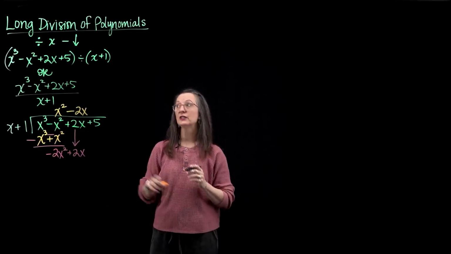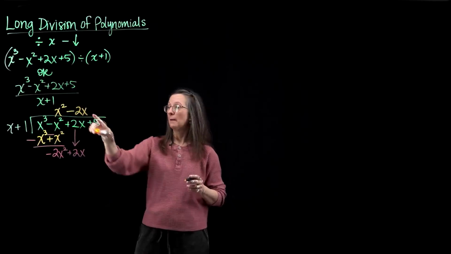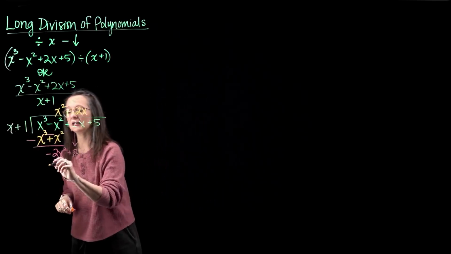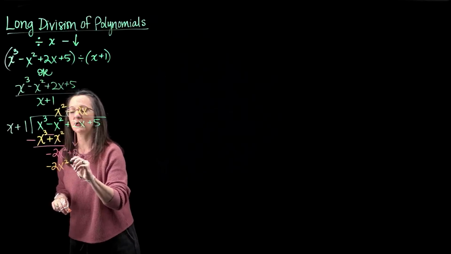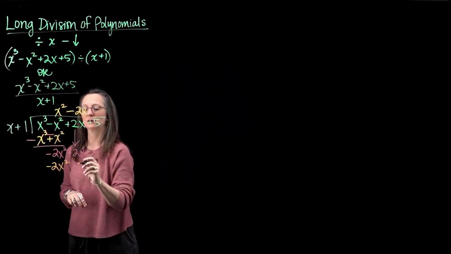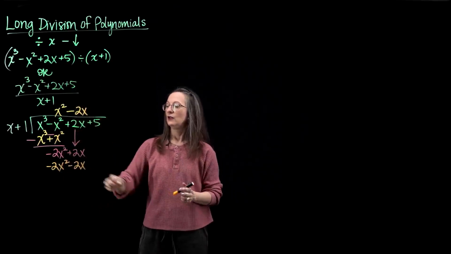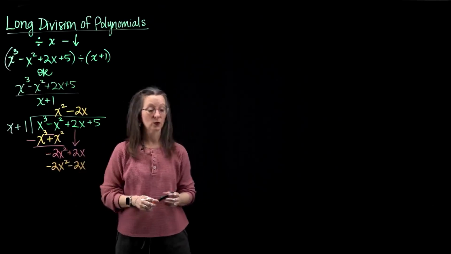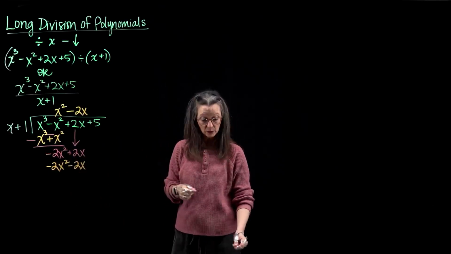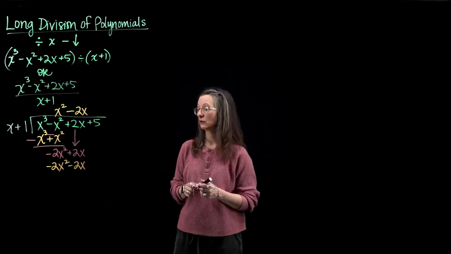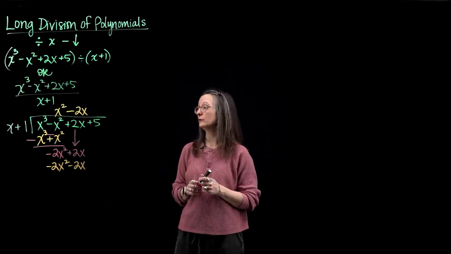All right, we did the division, multiplication's next. Minus 2x times x gives me minus 2x squared. Minus 2x times 1 gives me minus 2x. Notice that the minus 2x squareds match. And that's on purpose. They should match. We set this up so that they would.